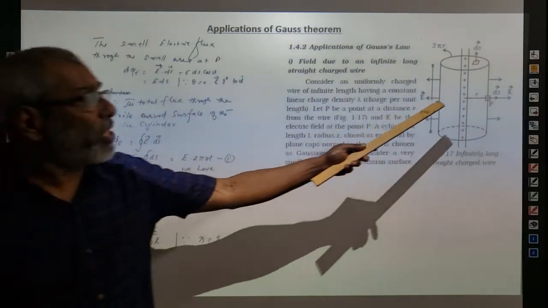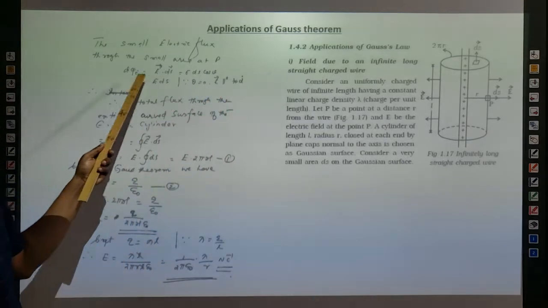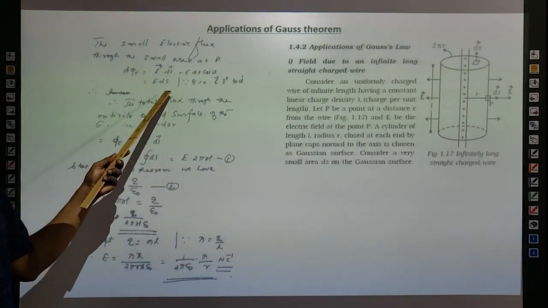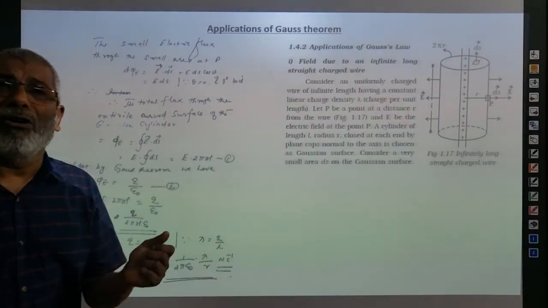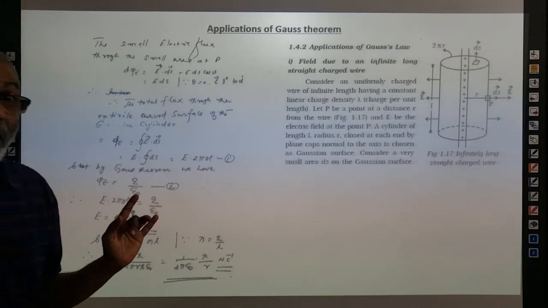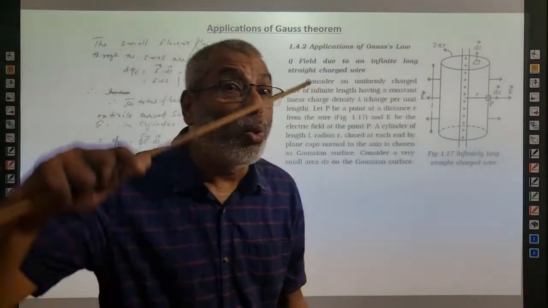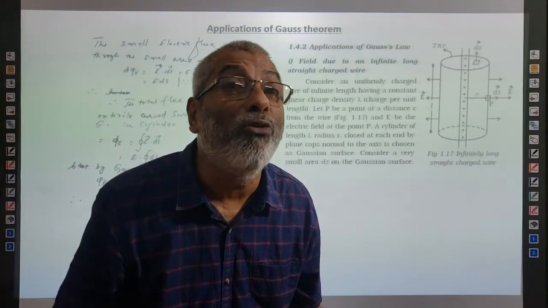So, through a small surface area on the Gaussian surface, the small flux is d phi is equal to this value. Then what will be the total electric flux through the entire curved surface? Only the curved surface, remember, because through the upper and lower surfaces there is no flux.